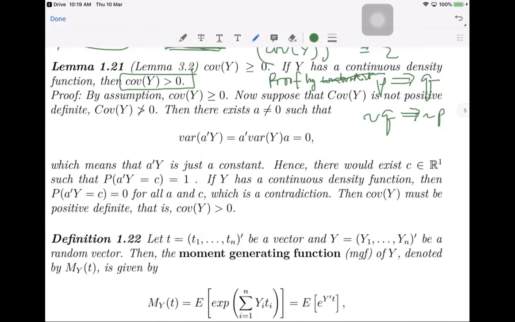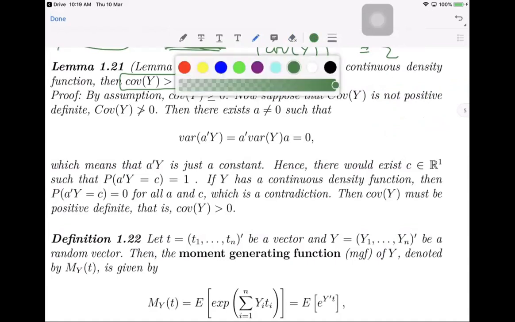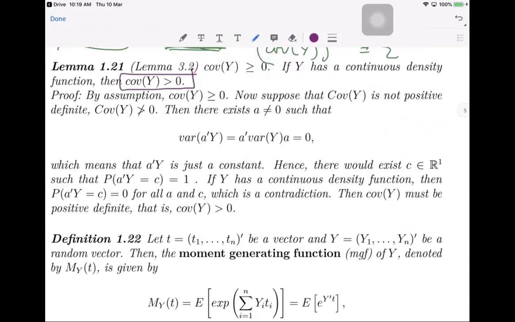Okay. So this is proof by contrapositive. It's still following, no? Yes, ma'am. Can you see the word contrapositive? Yes, ma'am.